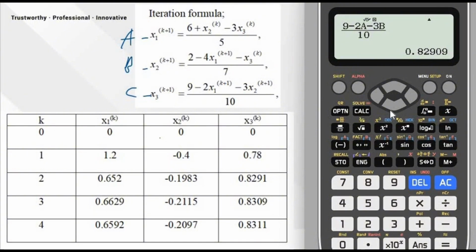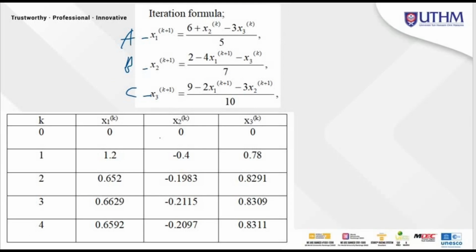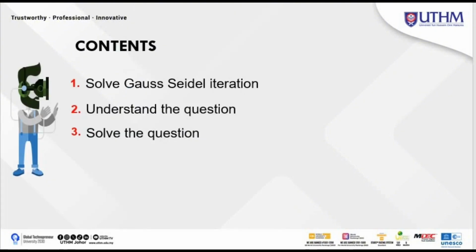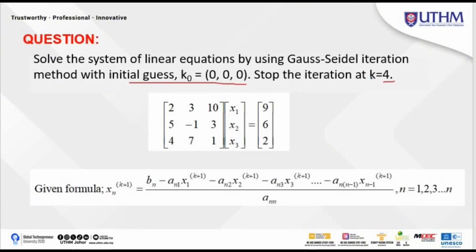For the following rows, you will repeat the same steps. What do you need to do? You just press the recall arrow so that the related equation will pop out from the screen. The last one, we stop at K4, because the question already stated the iteration stops at K4.